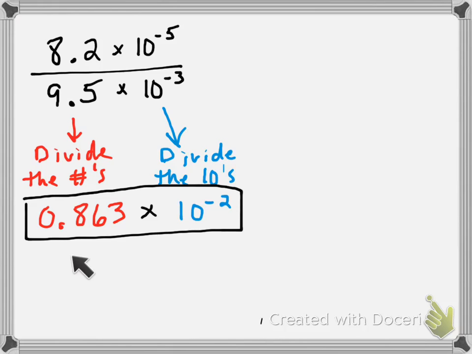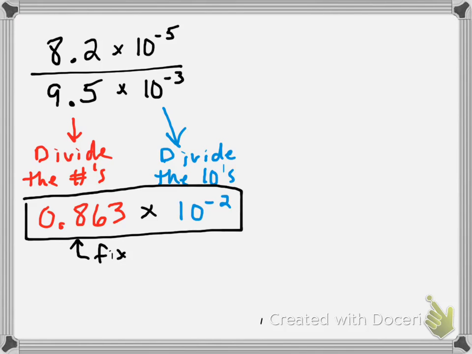except I don't have one number in front of the decimal. So I'm going to have to move this decimal this time, this way, to where the 8 is in front of it. And if you think about the last rule we wrote down, if the decimal gets smaller then the exponent gets larger, well, then wouldn't the opposite be the same too?